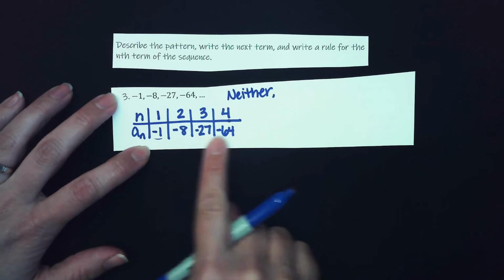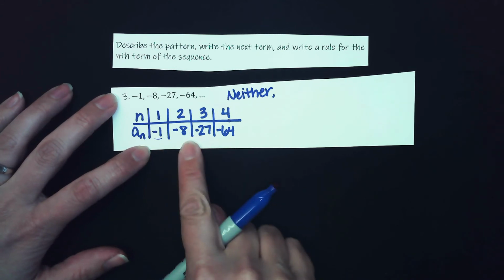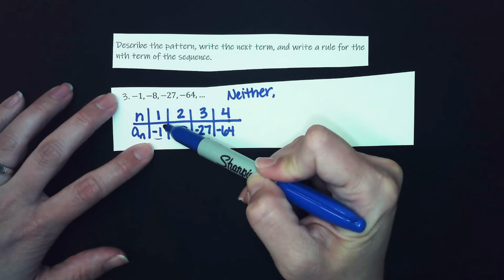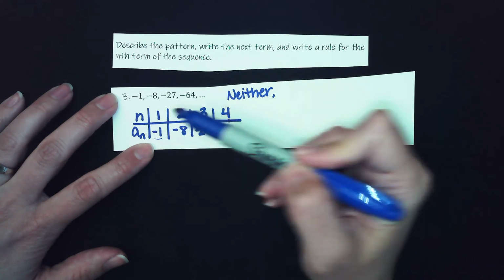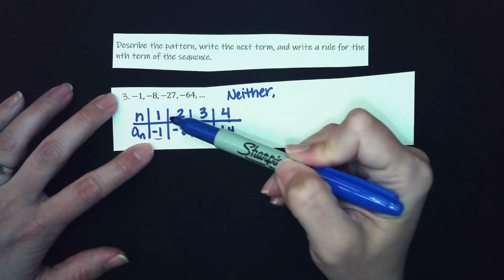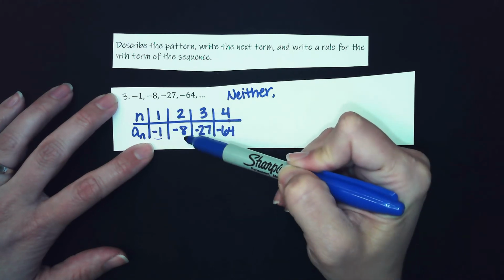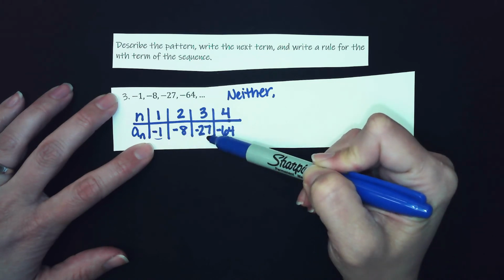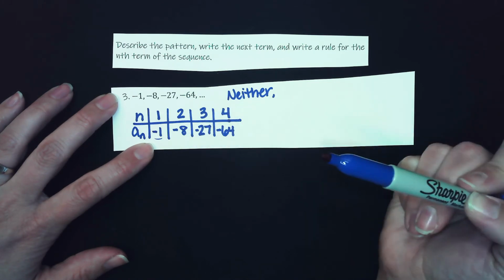And I can see a kind of a pattern. If I look closely, I can see that 1 is the same thing as saying 1 cubed. 2 cubed is 8. 3 cubed is 27. 4 cubed is 64.